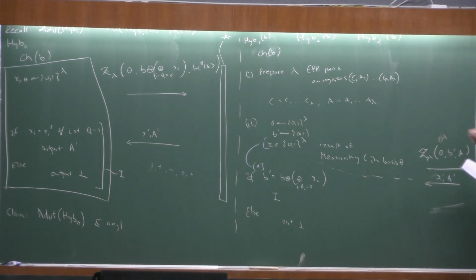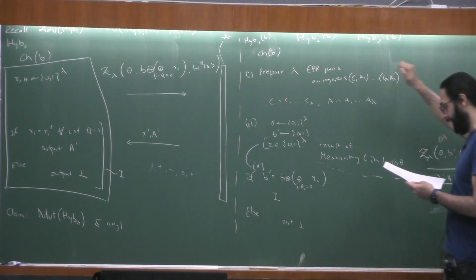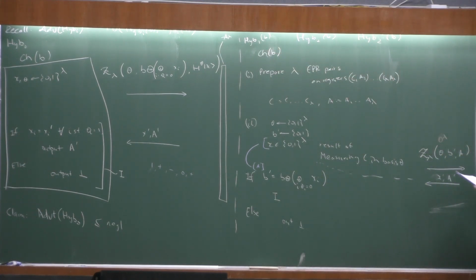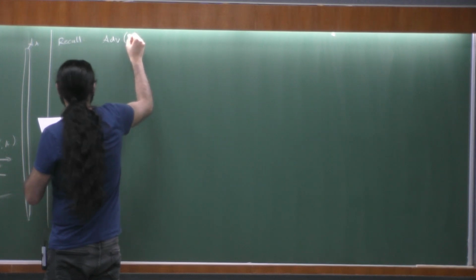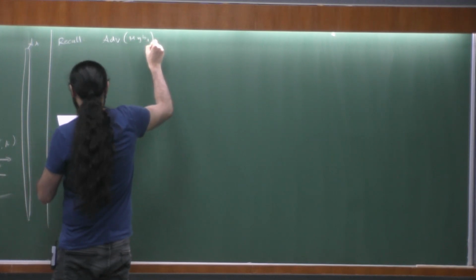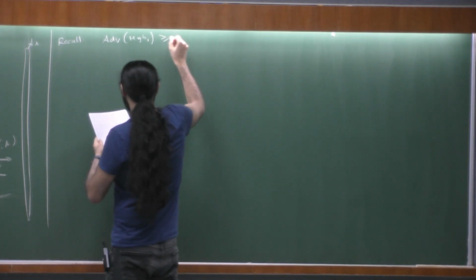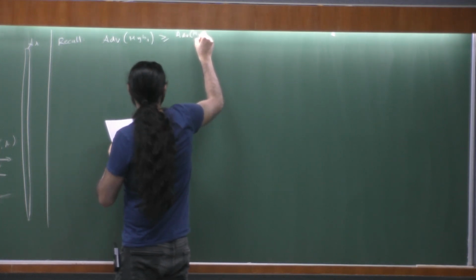Okay, so we recall the definition of advantage, so that is done. And recall also from the last lecture that we argued that the advantage of hybrid 1 is at least half the advantage of hybrid 0.